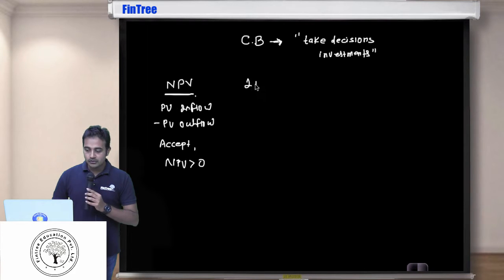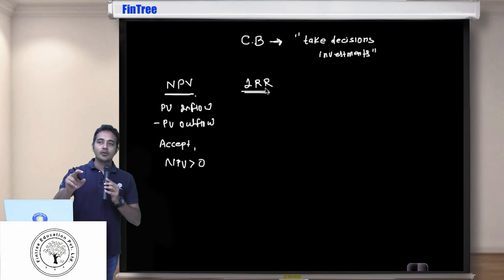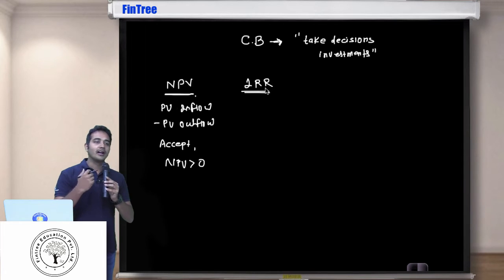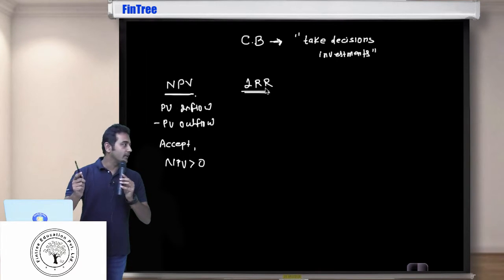Then we also learnt about a number called IRR, internal rate of return. How should we think of this number? IRR is the rate at which NPV is 0. She's saying it is the return that we earn on a project.